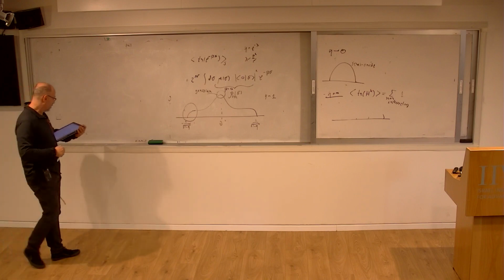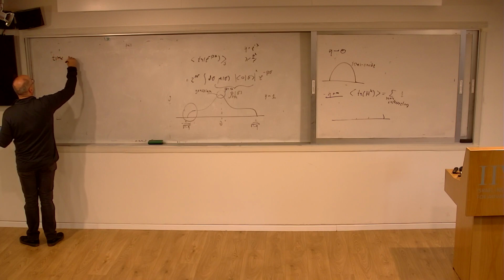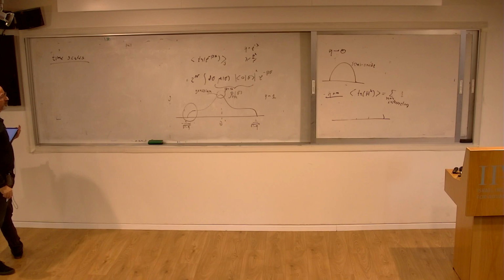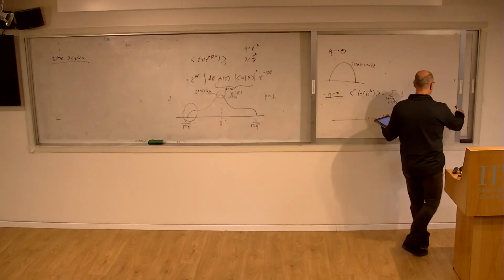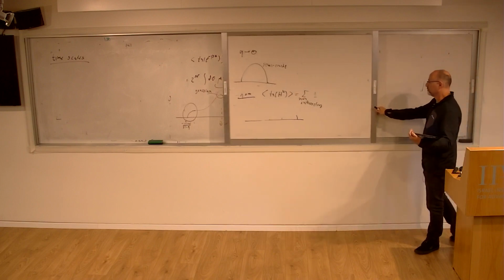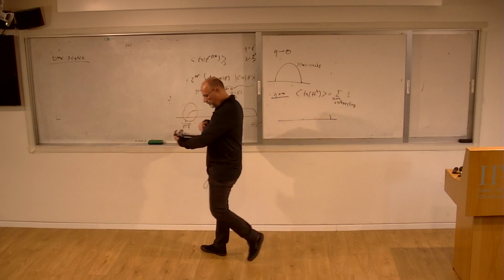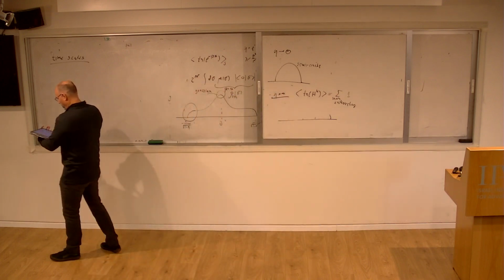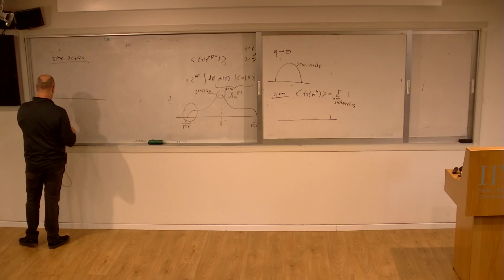Okay, so I want to talk about the time scales associated with this construction, and I want to keep in mind the distinction that I raised between this and ordinary RMT.